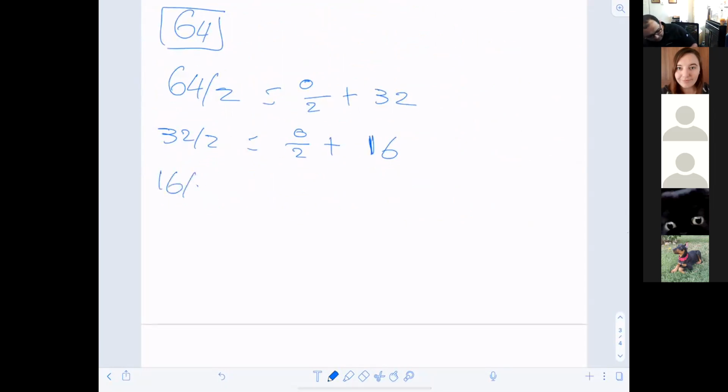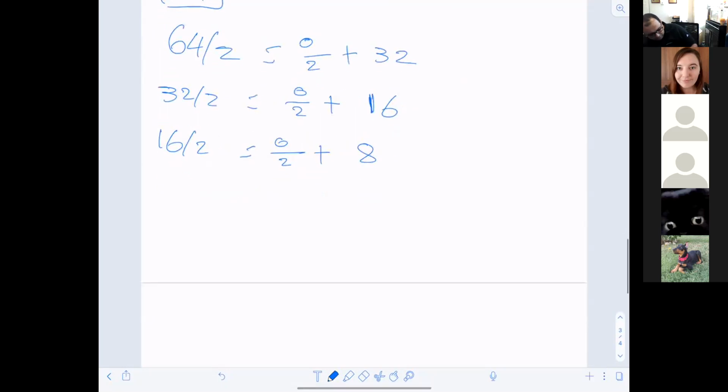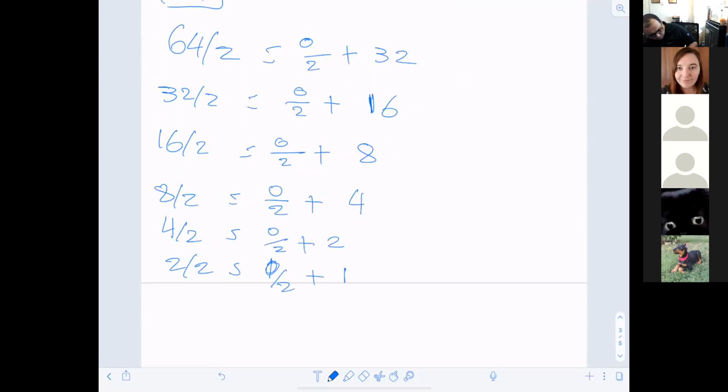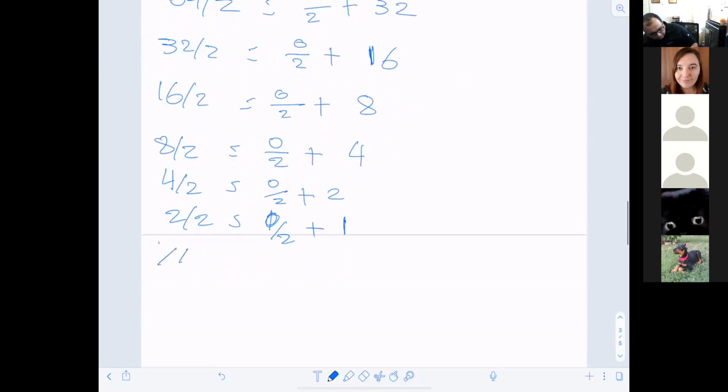Then 16 divided by 2 is 0 plus 8. Then 8 divided by 2 is 0 plus 4. Then 4 divided by 2 is 0 plus 2. Then 2 divided by 2 is 0 plus 1. Then 1 divided by 2 is half plus 0, right?